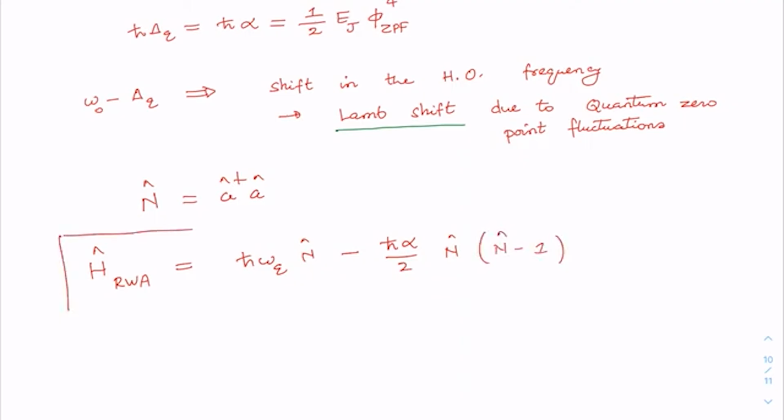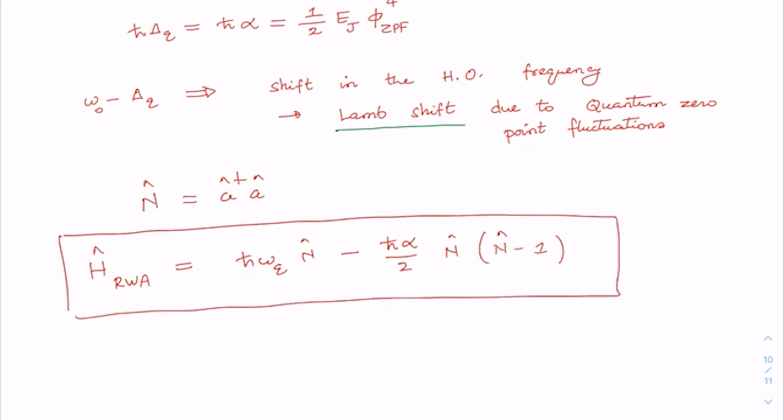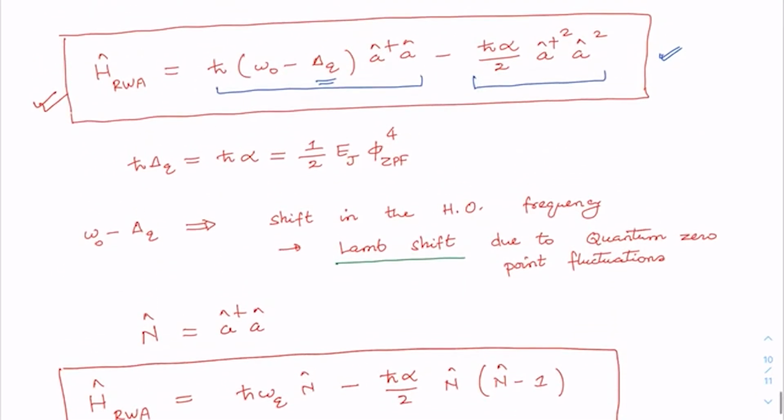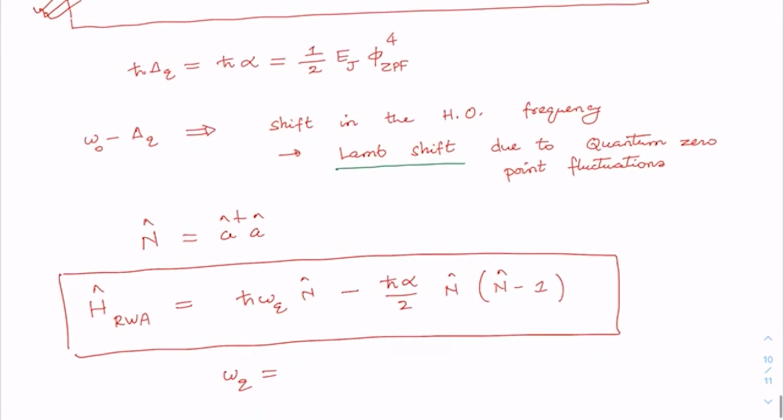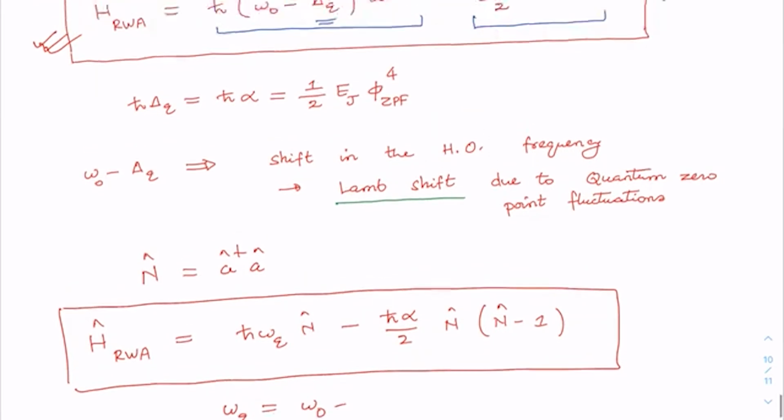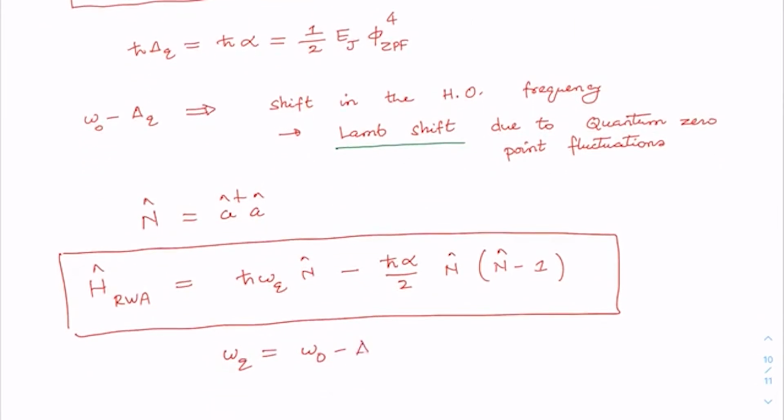So this is an alternative form of the same Hamiltonian that we have worked out here, and here this omega q is equal to omega 0 minus delta q. Okay, let me explain.